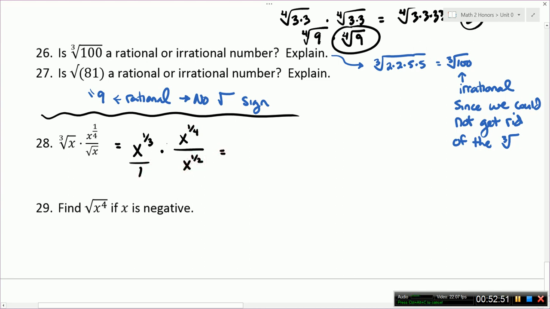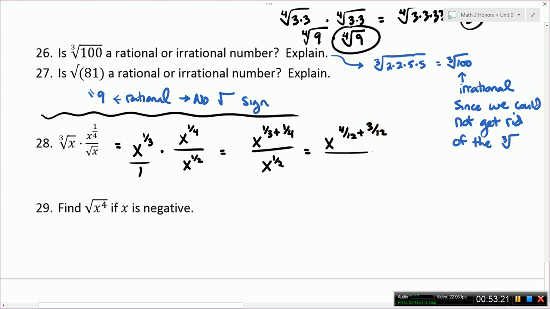And so I'm going to multiply these two fractions together. And so we end up with x to the 1/3 plus 1/4 in the numerator over x to the 1/2 in the denominator. Need a common denominator to add fractions, so x to the 4/12 plus 3/12.